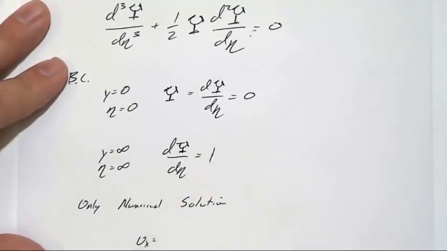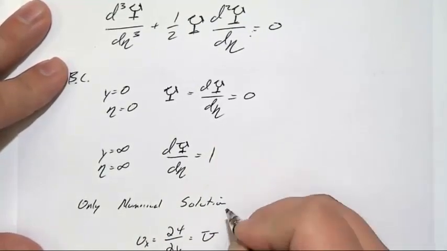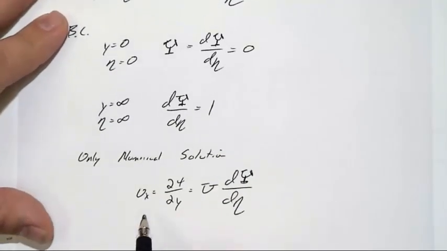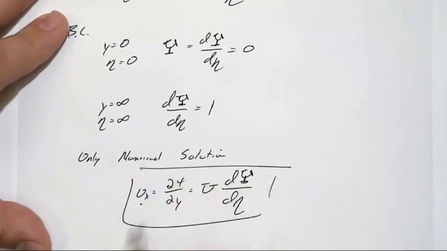And once you have that numerical solution, then we could go ahead and look at how that varies. And for example, we have to take a look at the derivative of that function with respect to nu to get our velocity profile in the x direction.